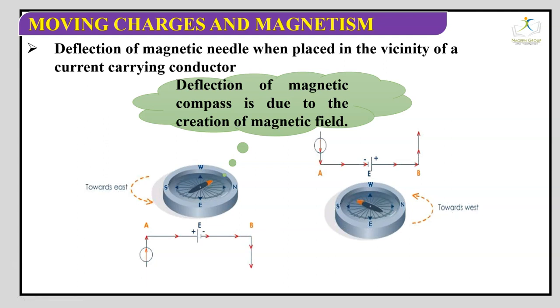If we take a simple compass and place it near a conductor where current is passing, the compass needle will start to deflect because of the magnetic field. The sense here is that electricity is somehow connected with magnetism. This is the origin of the connection between electricity and magnetism.